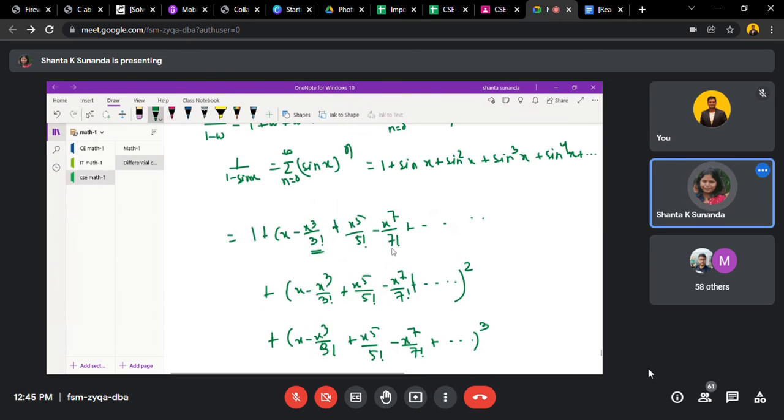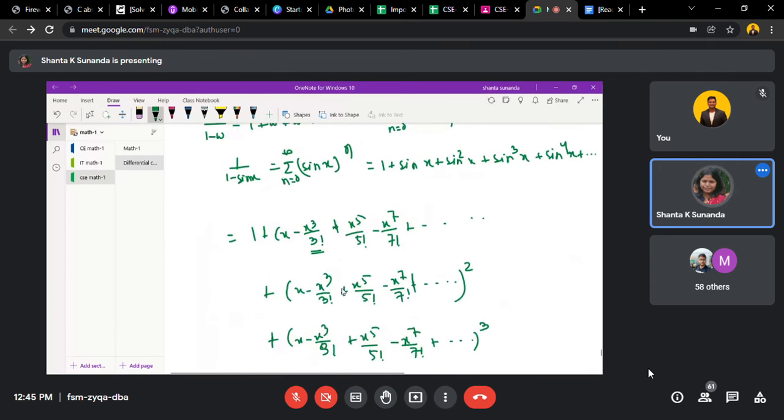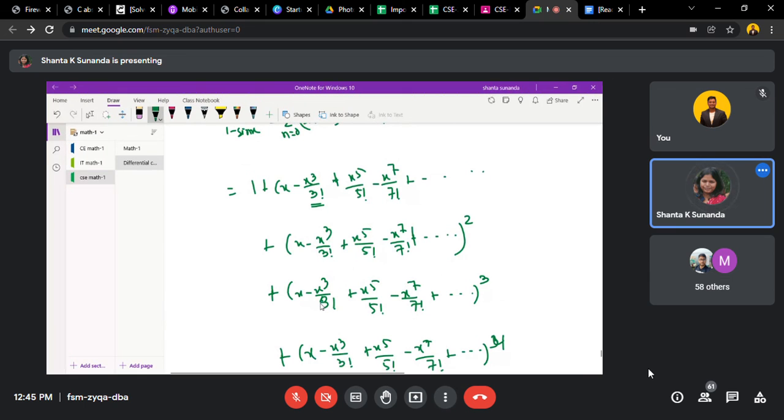Now we will look at the fifth term. Here it is x power 5 we are getting, and here it is x square. And if you look at the multiplication, then we will be having 2 by 3 factorial x power 4. So here we are getting 2 by 3 factorial x power 4, and 1 x power 4.